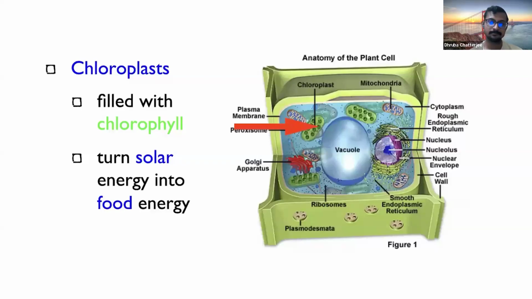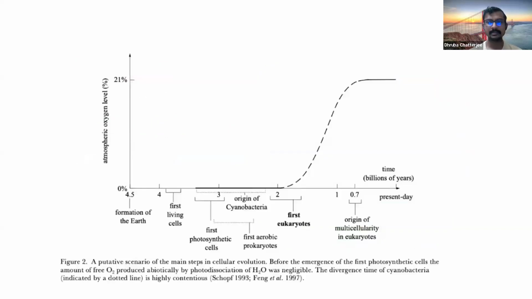And actually, if we look in terms of evolution, the evolution of photosynthetic organisms was very important in giving rise to aerobic respiration, which turned out to be eventually very important for the birth of eukaryotic cells.